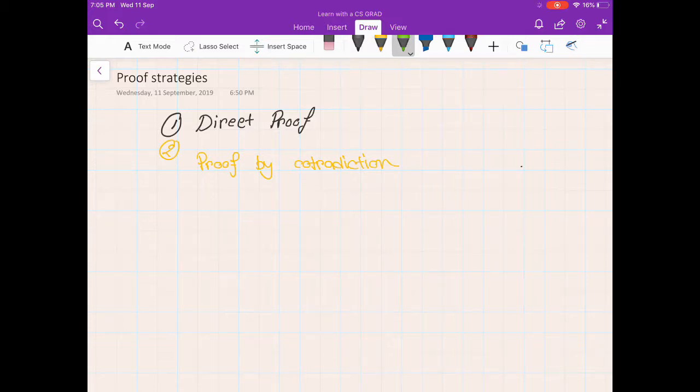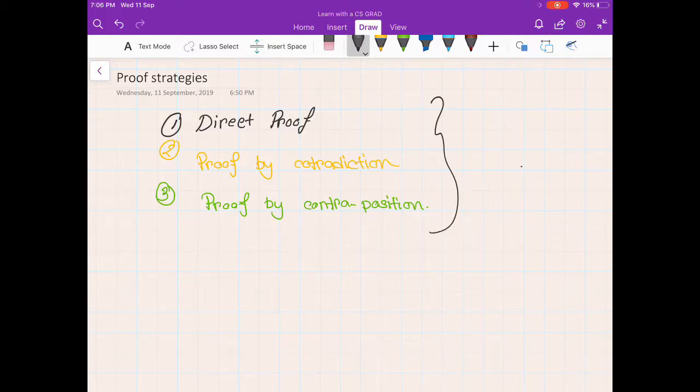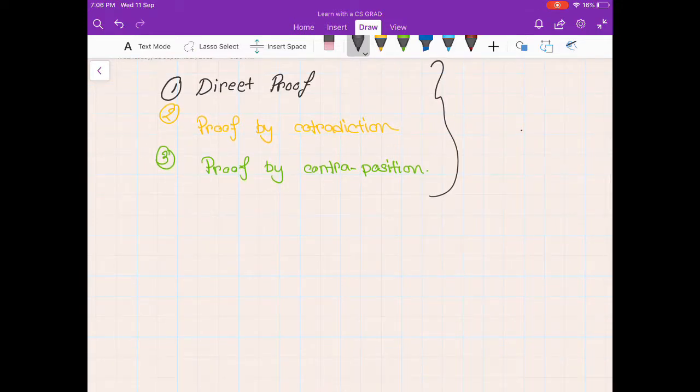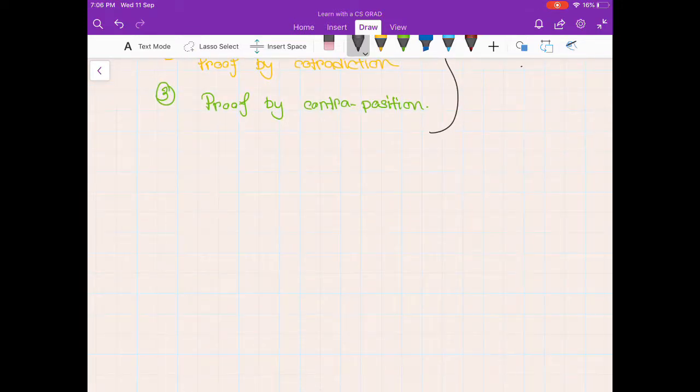And the final one is proof by contraposition. So there are basically three proof methods, strategies. I'll be going through each one. Let's start with the first one, the direct proof method.